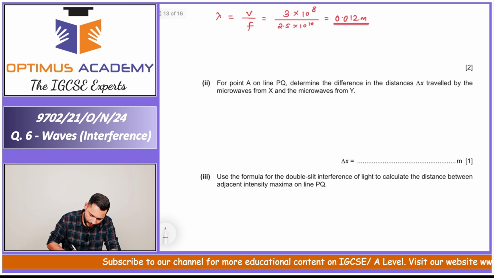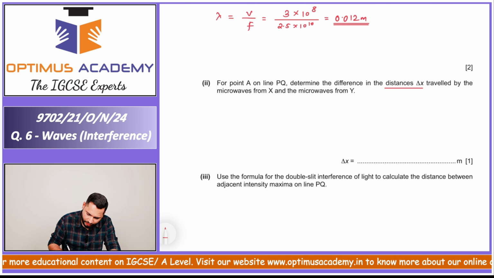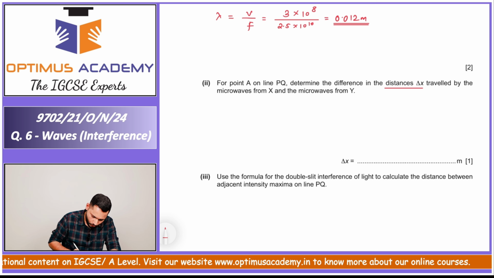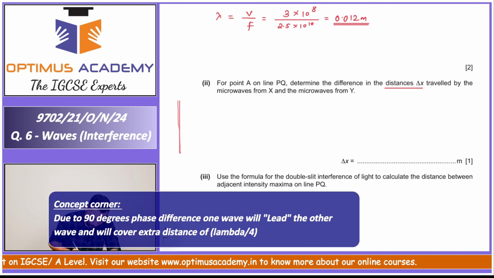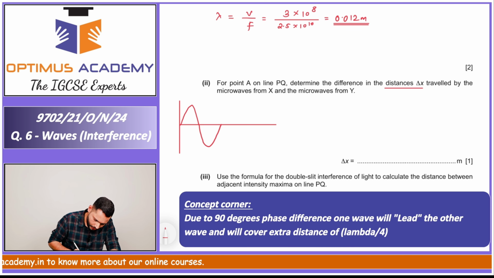Next, for point A on line PQ, determine the difference in the distances delta x traveled by the microwave from X and the microwave from Y. So, as we explained in the diagram above, if let's say this is the wave coming from X, so its angular distance will be 0 over here, 90 over here.